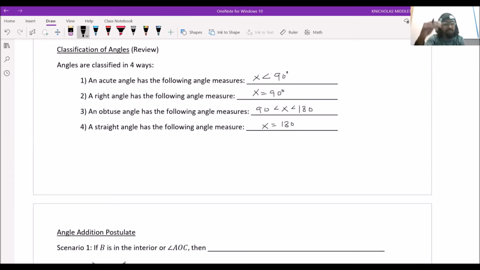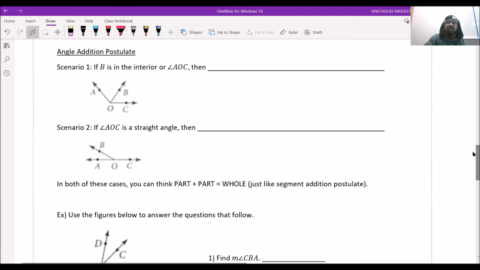Angle addition postulate. We talked about the segment addition postulate last time, so this shouldn't be too much different. The only difference really is that we're talking about angles instead of segments.